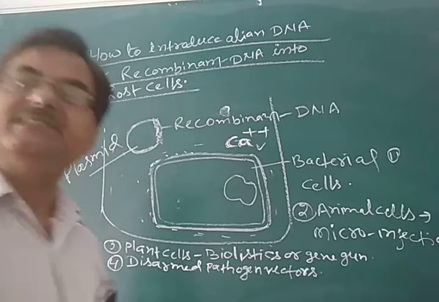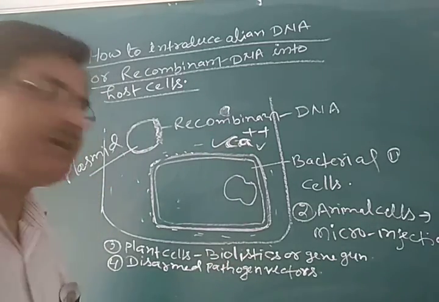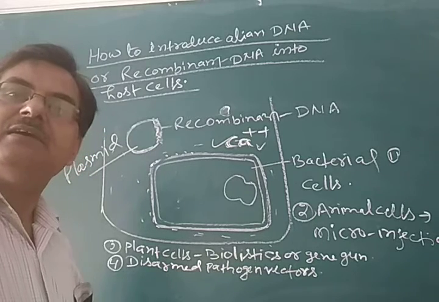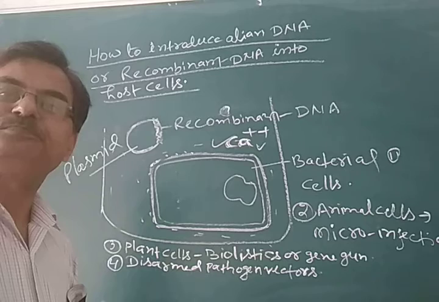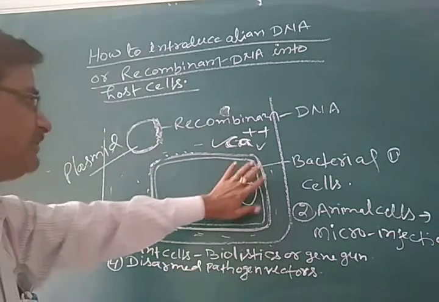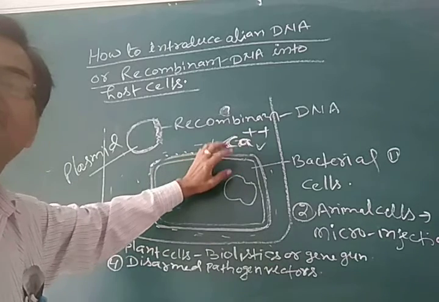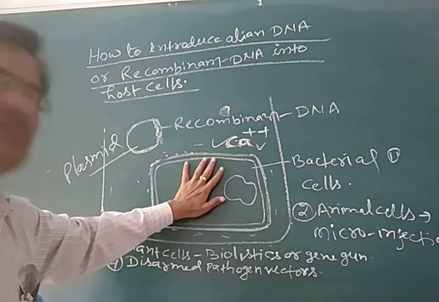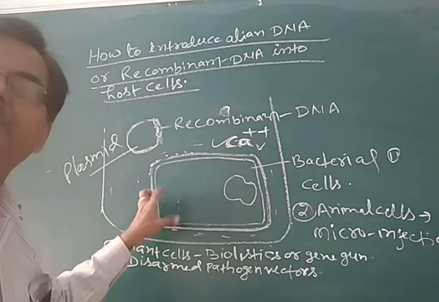Now the second step, what do we do? First is the treatment with a cation or calcium ion, and the second one is the heat shock treatment. After treating the bacterial cells with calcium ion or any cation, we add this recombinant DNA to the medium.